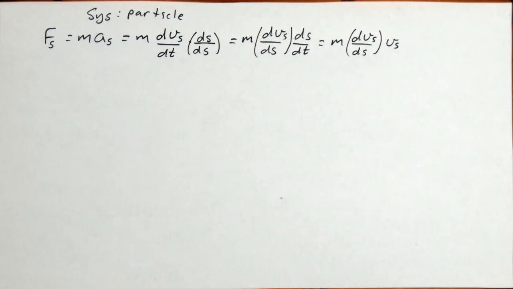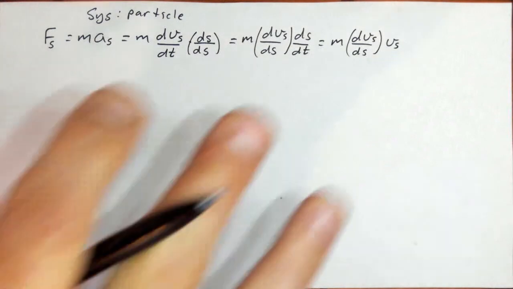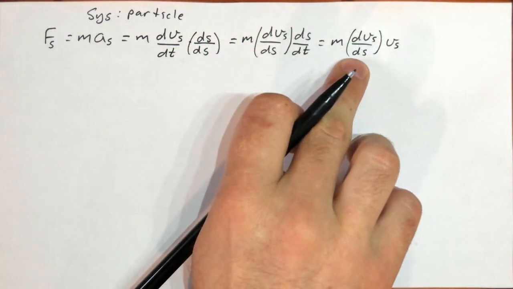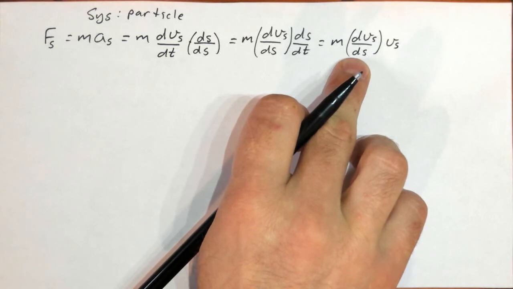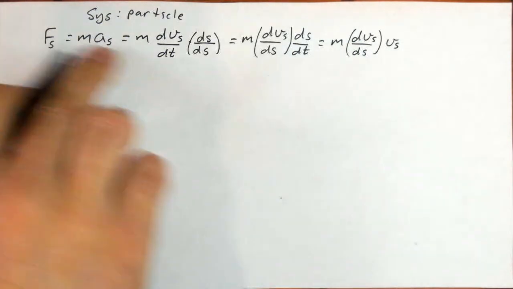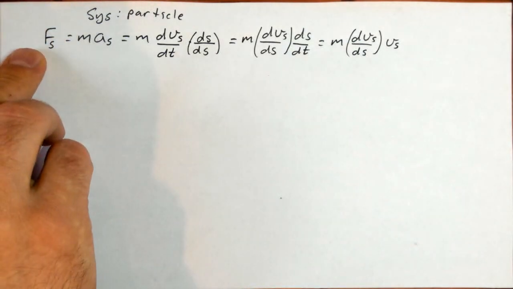Now, what I want to explore is what's happening with the velocities alone, not worrying about the change of position. Remembering that this is just a fraction, I can multiply this ds up to the side with the force.